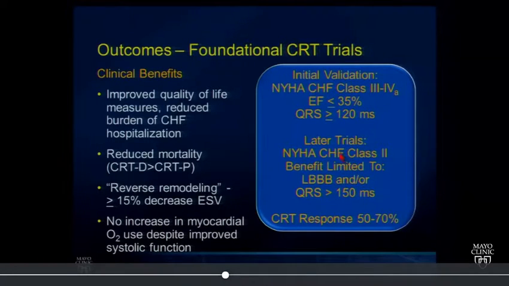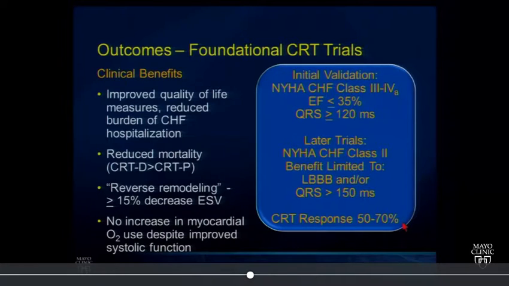More recent trials have extended the CRT to patients who were less sick at enrollment, class 2 heart failure. And in those patients, the benefit of CRT was limited to those patients who had a classic left bundle branch block of whatever duration, or a non-left bundle IVCD that was particularly wide, greater than 150 milliseconds.